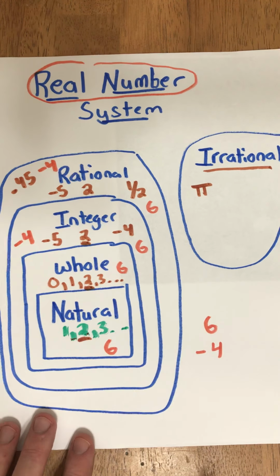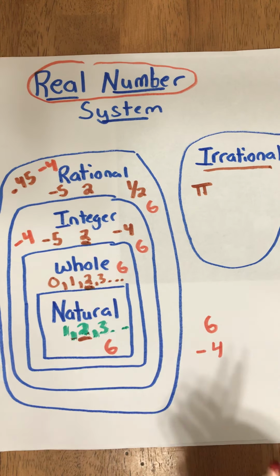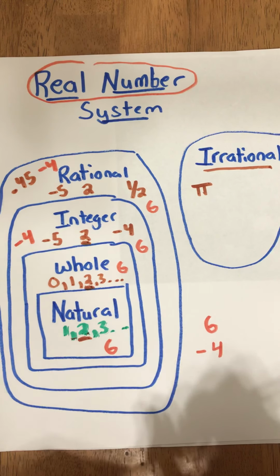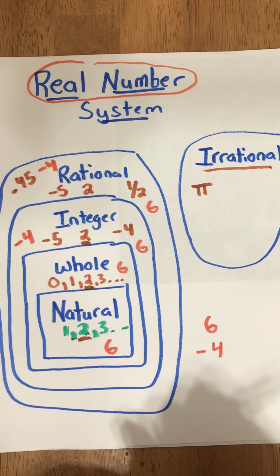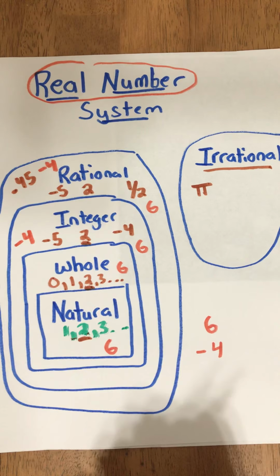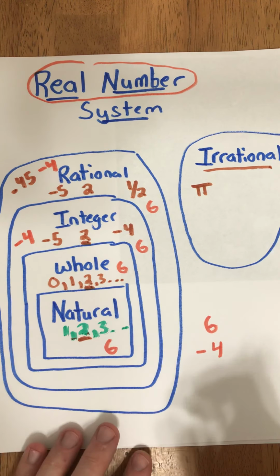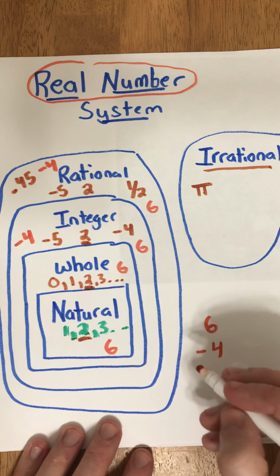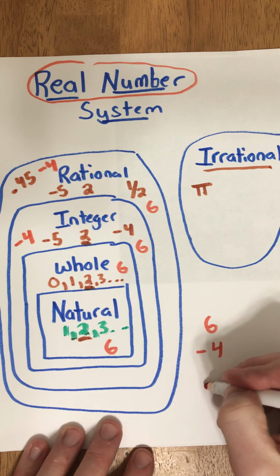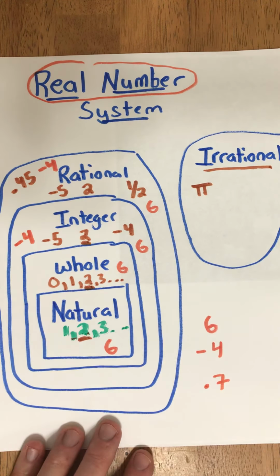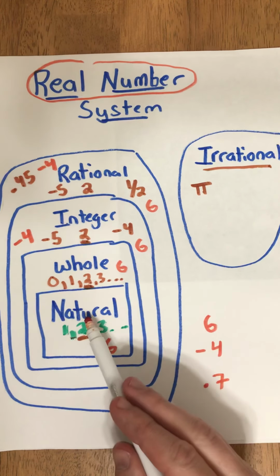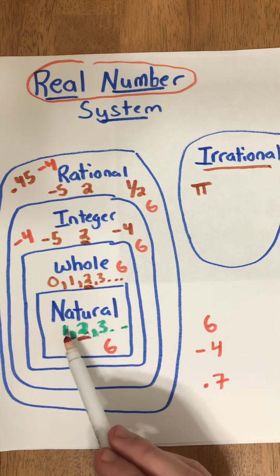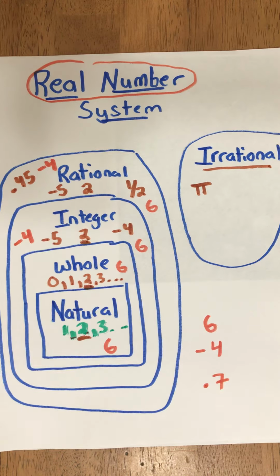All right, I'm going to do one more example with you to keep this video sort of short, but we are going to practice this a lot more. So if you don't completely get this right now, don't worry about it. We're going to do a lot more of these in the next few days. Next example I'm going to give you is something like 0.7. So I'm going to look through. Is it a natural number? Nope. We don't count by 0.7s generally. So it's not 1, 2, 3, 4. 0.7 doesn't fit in there.